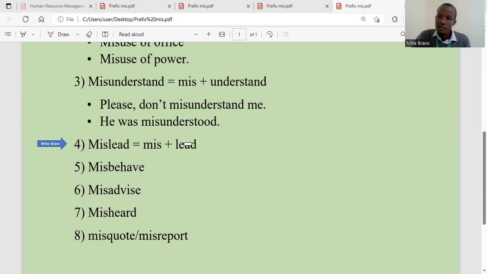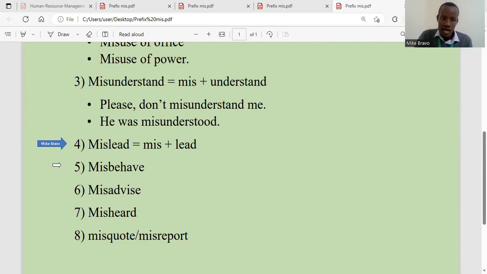But when you mislead someone, it means to give someone wrong ideas or to lead someone in a wrong direction or to make someone believe in something which is untrue. And in the past, we can say misled. You can say, I was misled. I was directed in a wrong direction, or I was made to believe in something that is not true.